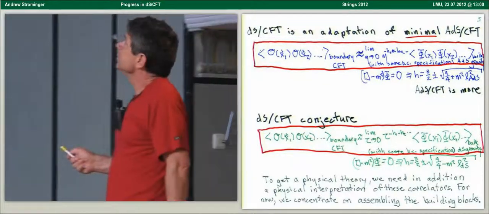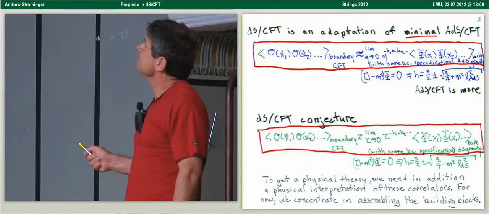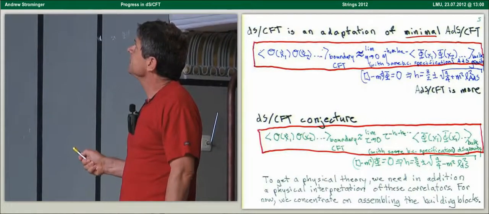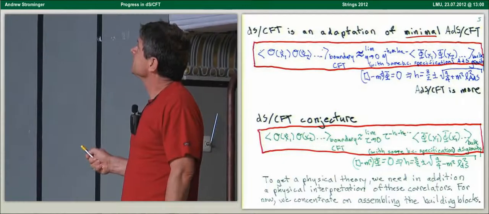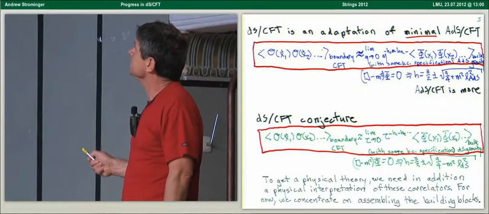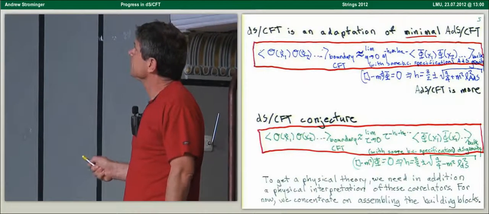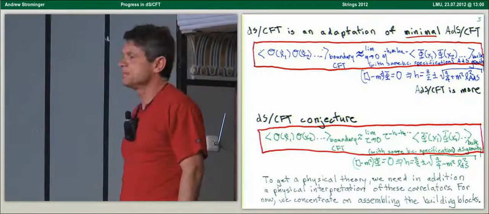And just from looking at the solution of the wave equation, just as in anti-de Sitter space, we learn that these eta factors, these rescaling factors, have to correspond to these conformal weights. There's a similar formula that can be derived from the wave equation in de Sitter space.